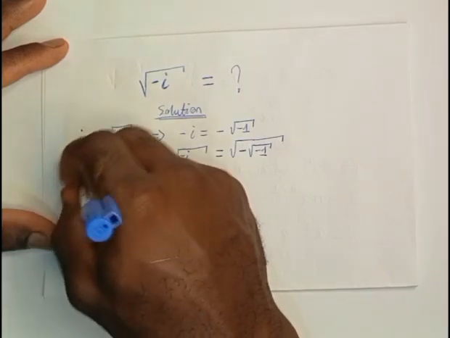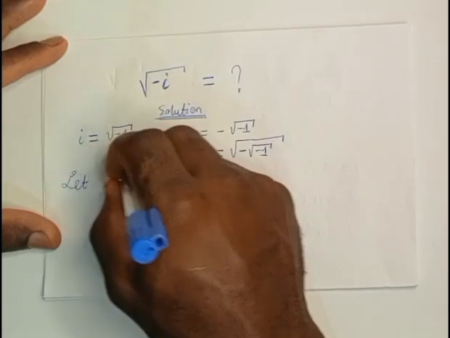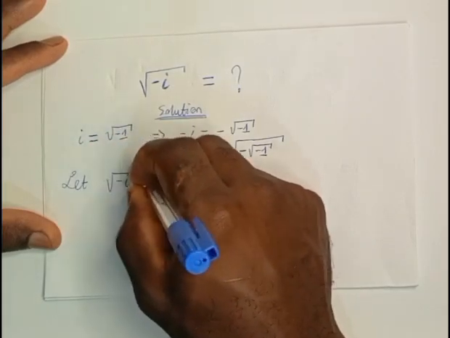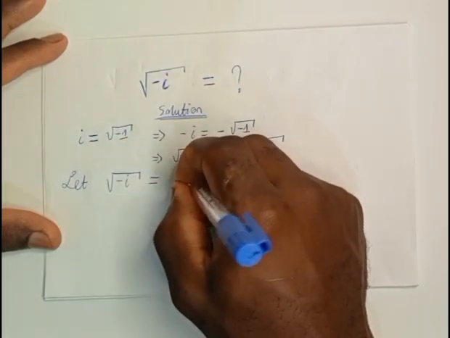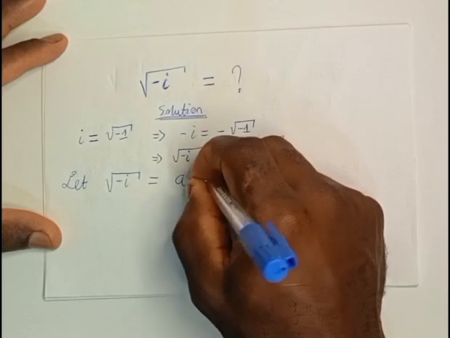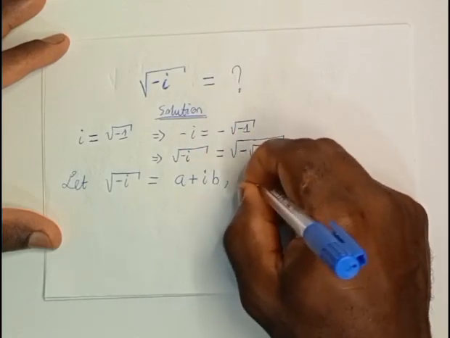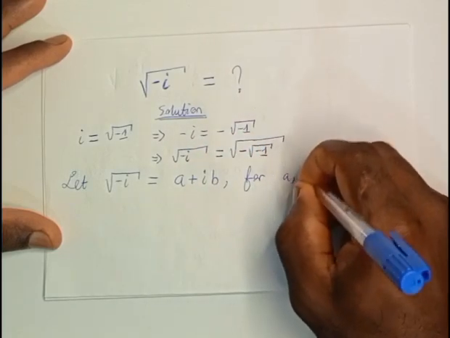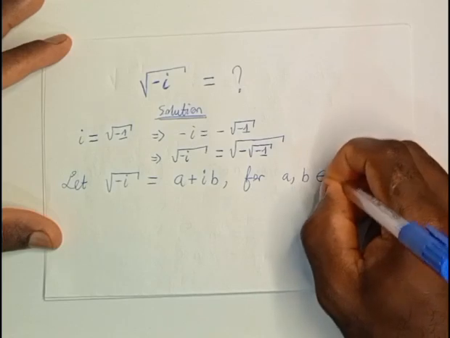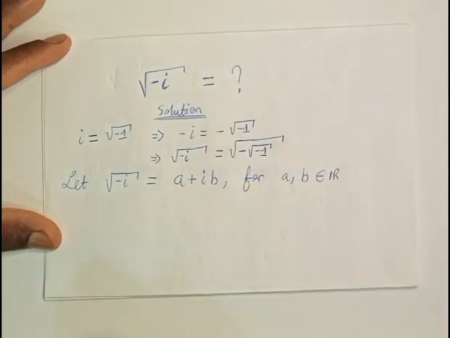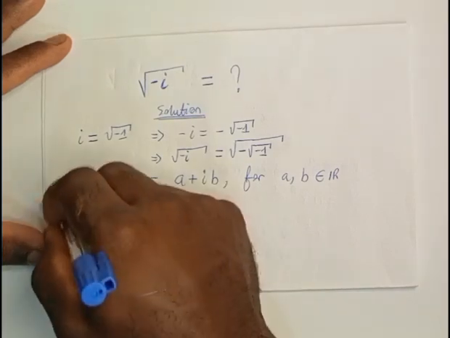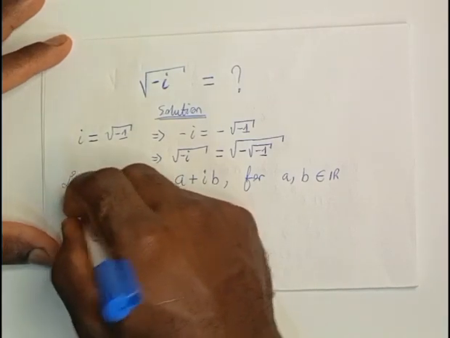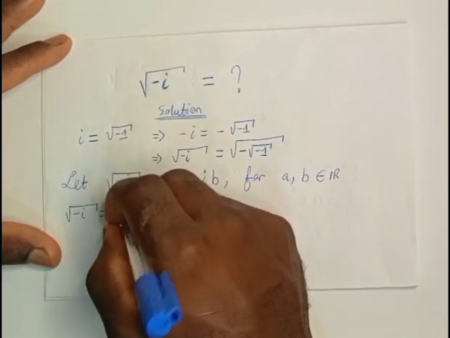We are going to let the square root of negative i be equal to a plus ib, for a and b belonging to the set of real numbers.